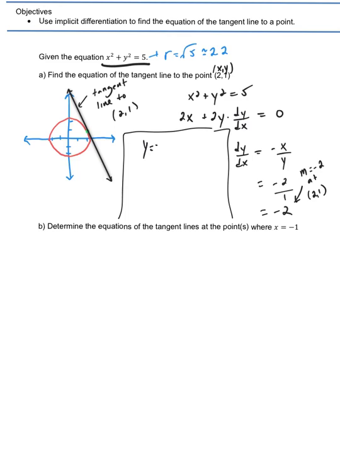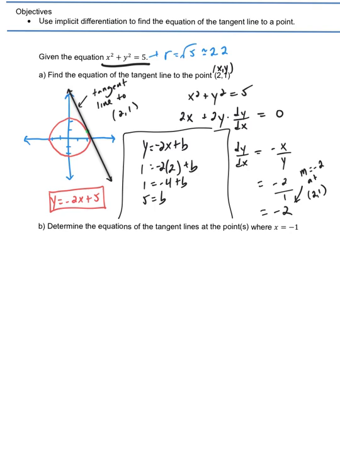So y equals negative 2x plus b. Our x value was 2, y value 1, plus b. And so we get 1 equals negative 4 plus b. 5 is equal to b. So b is our y-intercept, which means our equation, which I'll draw in red, is going to be y equals negative 2x plus 5.